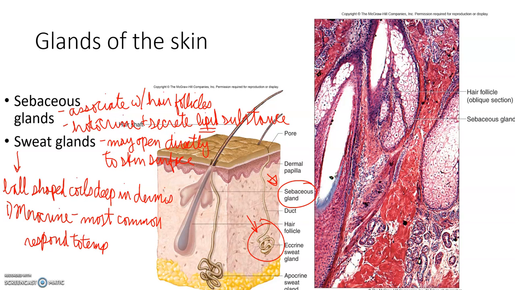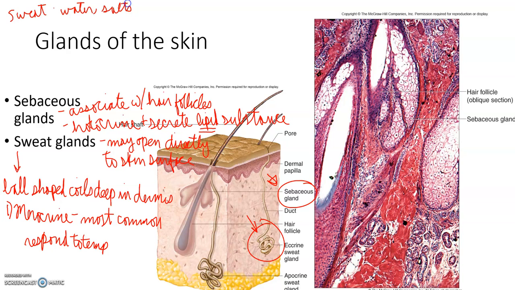So if you recall what a merocrine gland is, it's a gland that secretes its product without any loss to the cells that make it up, right? A multicellular gland that's exocytosing its product. What's in sweat? Sweat consists of water, of course, salts.